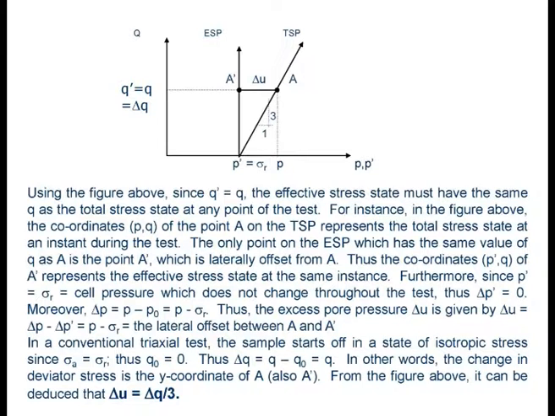Okay? Because the main point is related to the condition of undrained analysis, and the condition of undrained analysis is that there is no volumetric change. No volumetric strain. No increment, no change in volumetric strain.